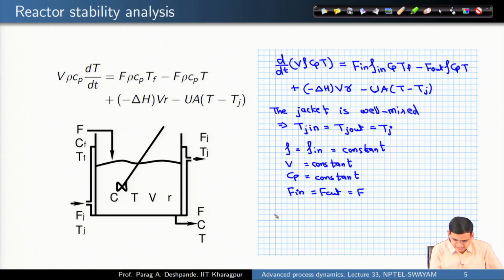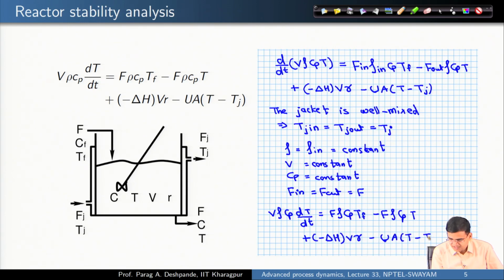If this is the case, then you simply write this as V times rho times Cp dT by dt is equal to F rho Cp T feed minus F rho Cp temperature of the reaction mixture plus minus of delta H times volume times R minus U A (T minus T jacket).